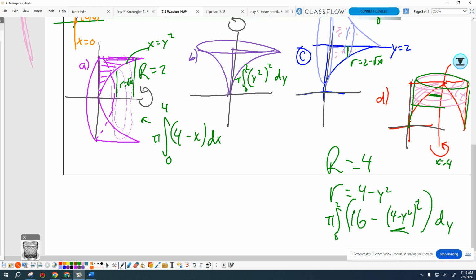Instead of the 2 curves, it's 2 curves that intersect each other. What's the thickness?